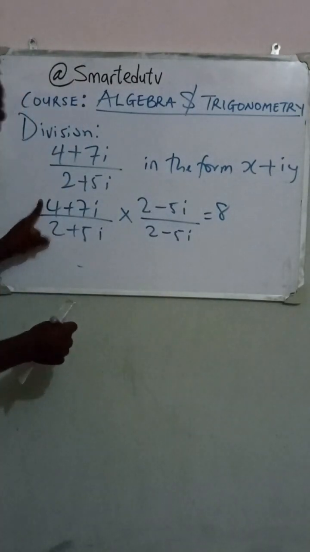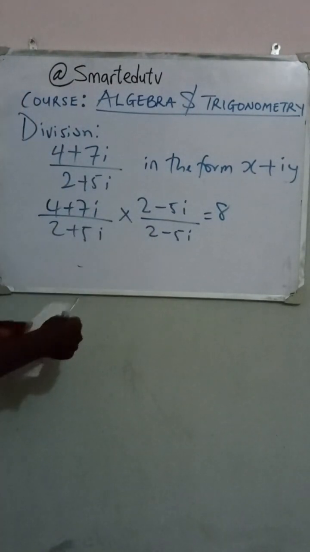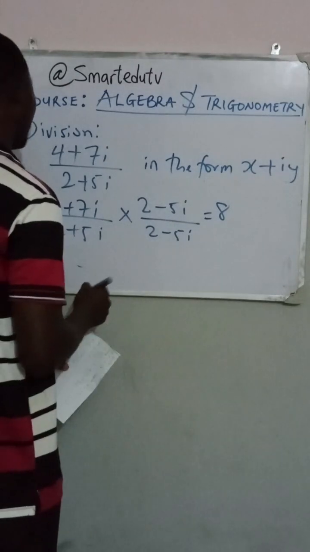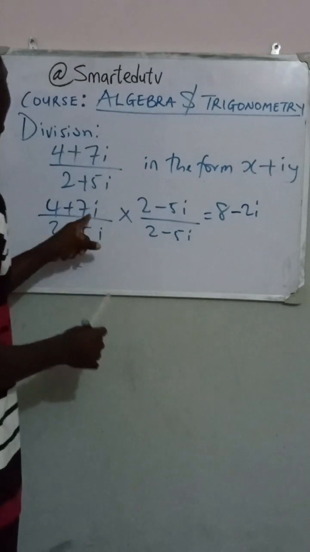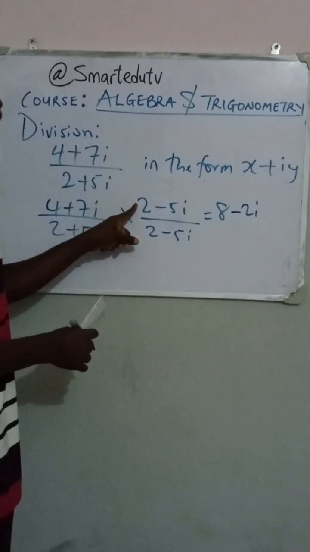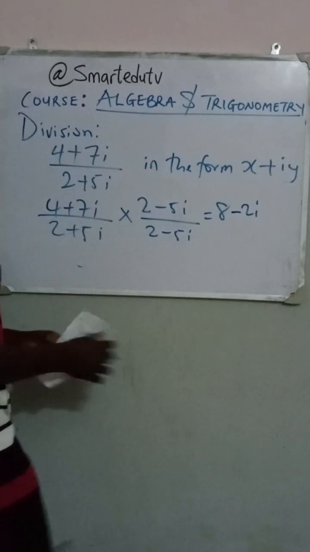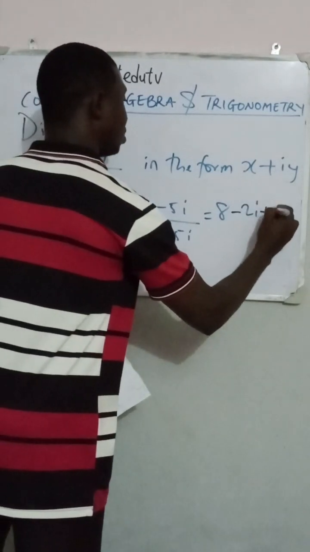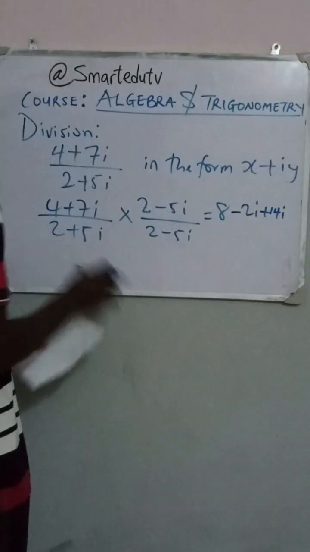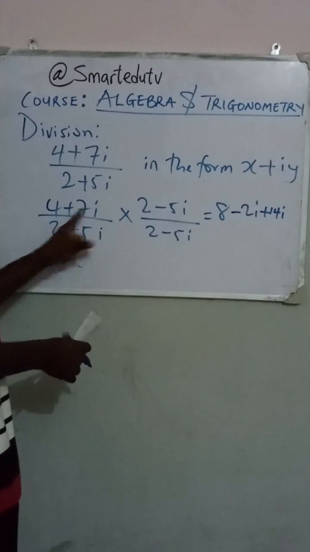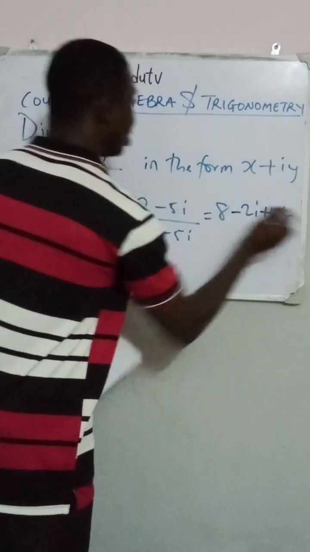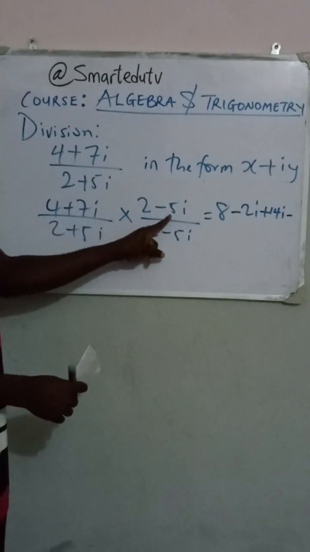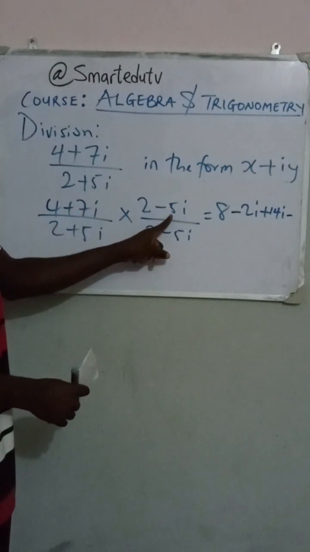Also, 4 times minus 5i gives minus 20i. The other side, 7i times 2 gives us 14i. And the last one, plus 7i multiplying minus 5i. Plus times minus gives minus, 7 times 5 gives 35.